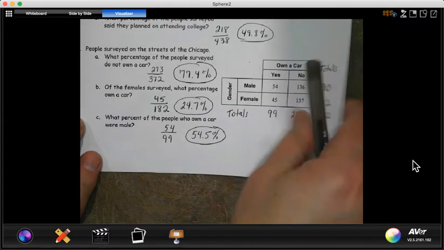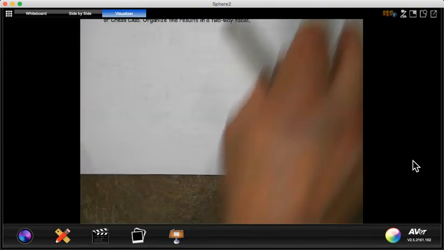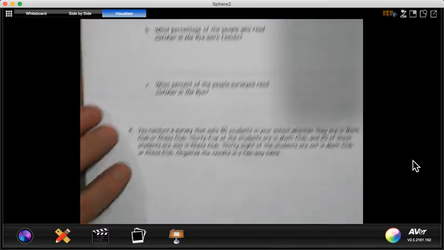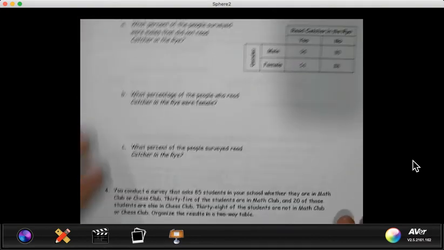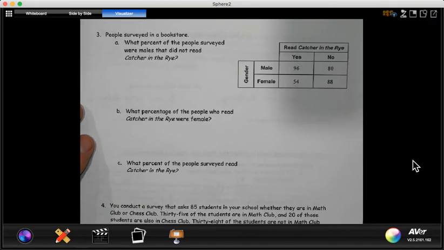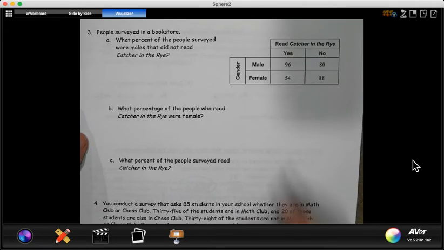All right, let's see what the backside is offering us. Ooh, a little bit more. All right. So totals. Let's get our totals.